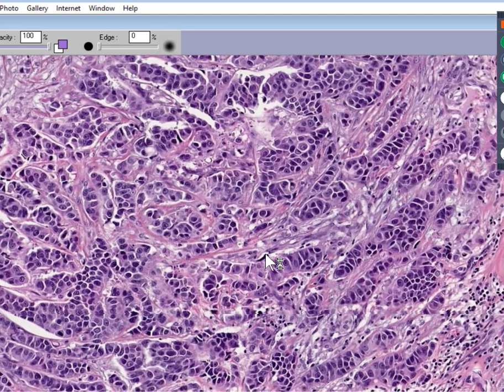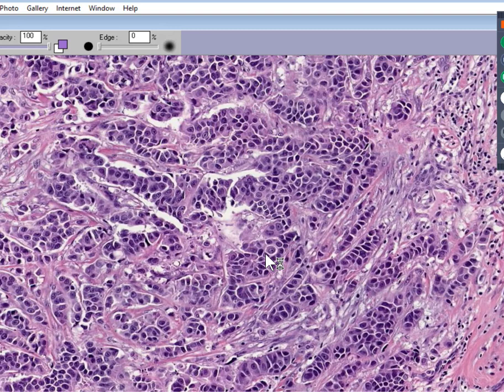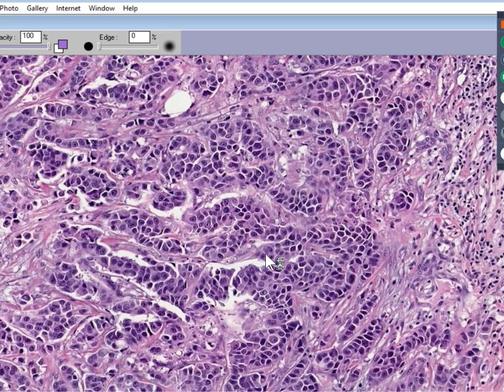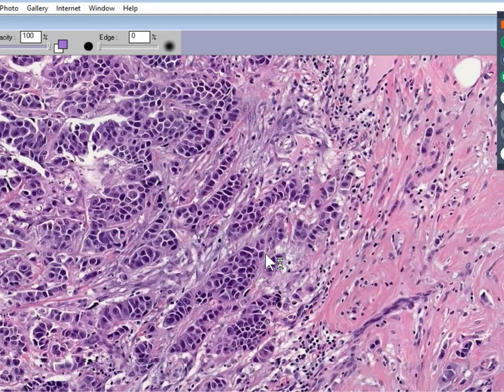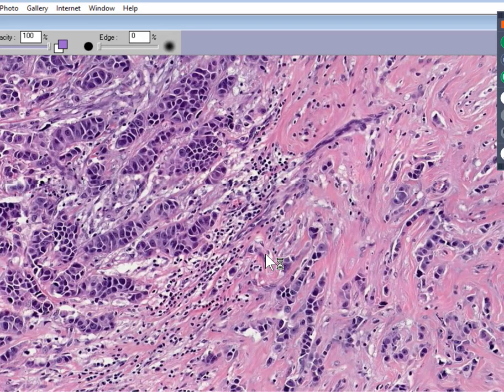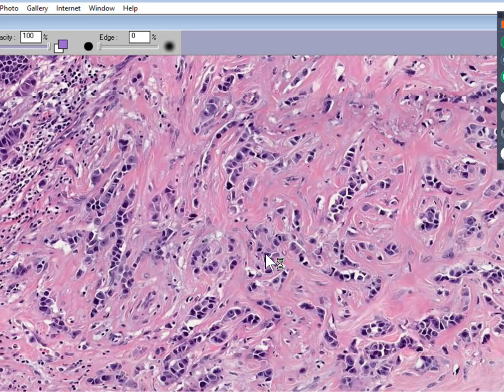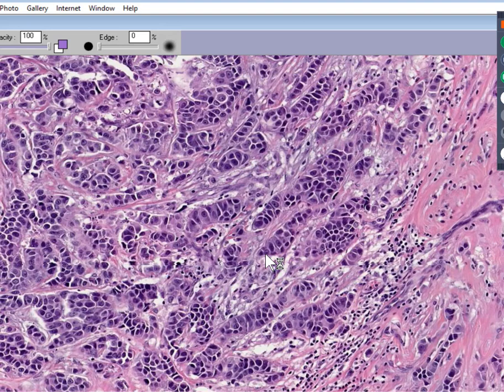I think you could appreciate the fact now that many of these little clusters look kind of circular, but very poorly circular. But as they stream off into the connective tissue, they are looking less differentiated or less circular than what may have been the primary tumor.